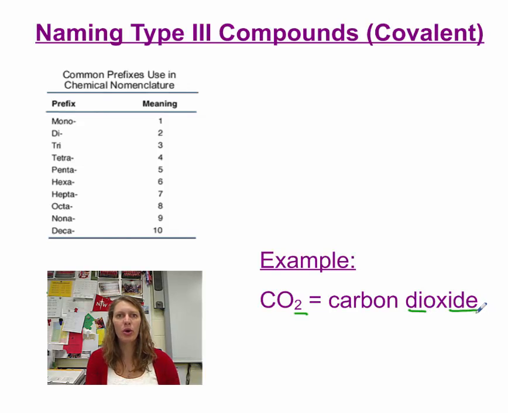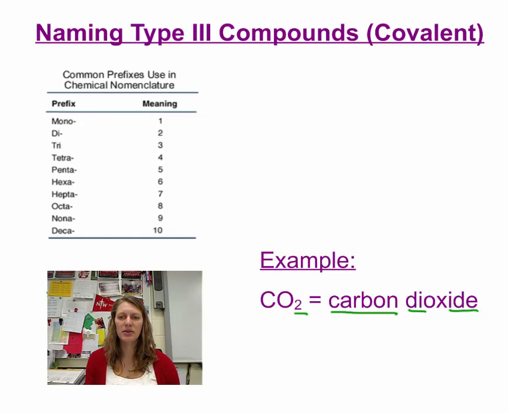And then the third rule we already mentioned, and that's using the prefixes to tell how many of each particular element we have. There is one exception to that rule, and that is if the very first element only has one, we leave mono off. That's the only prefix you don't include, is mono on that first one.